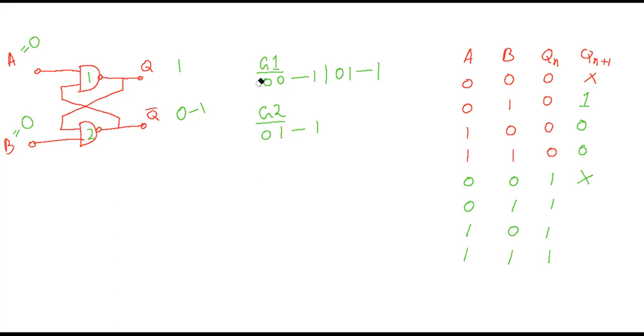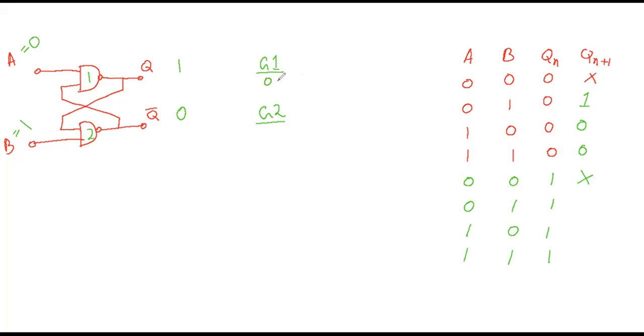So the next case. A is equal to 0, B is equal to 1. Now tell me, what are the inputs at gate 1? 0 0.